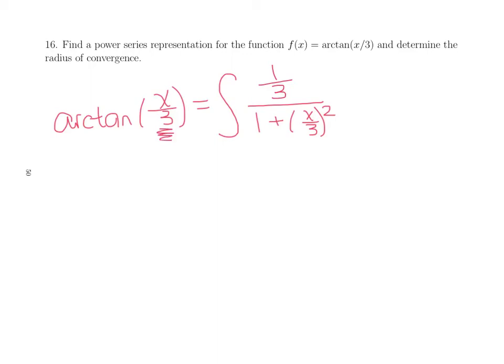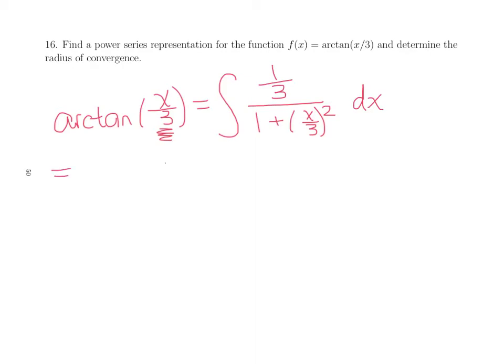So that's what we would be integrating as we find the power series representation for this function. If you think about integrating this, u would be x over 3, the derivative of that would be 1/3, so all that would go away and you'd just be integrating 1 over 1 plus u squared, which we know is arctangent. So it's this idea of going backwards and thinking about what that looks like. It's pretty much just the integral of this function here.